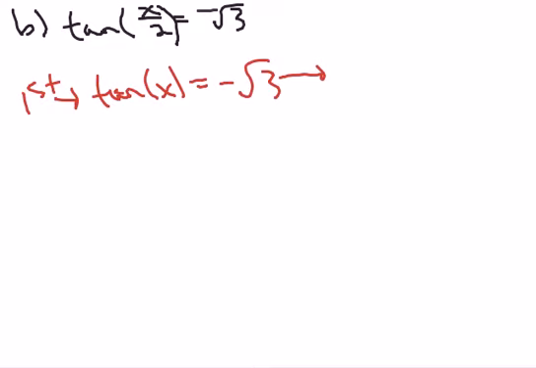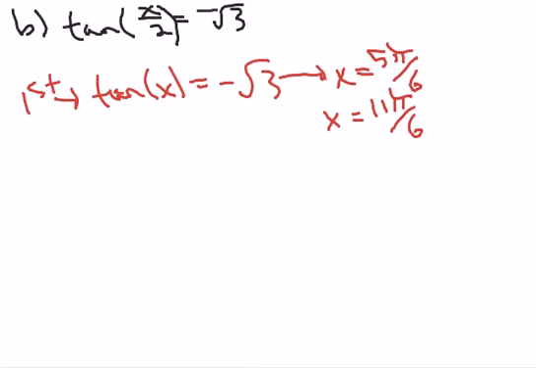So if I try some out, or if I'm more familiar with the unit circle, which hopefully we are by now, I'll see that x equals 5 pi over 6 is one answer, okay? Because if you go to 5 pi over 6 and you divide the y and the x value, you'll see that you get negative root 3, which is what I wanted. Okay, and then directly diagonal to that in quadrant 4 is 11 pi over 6.